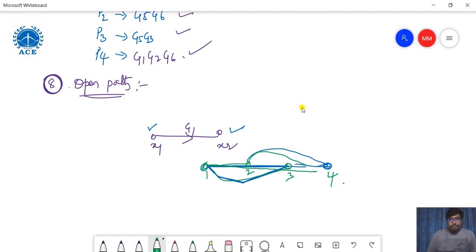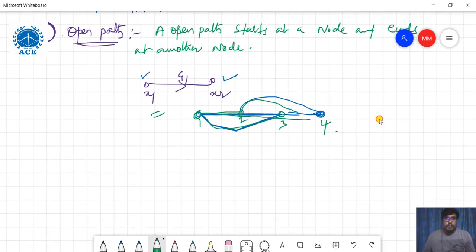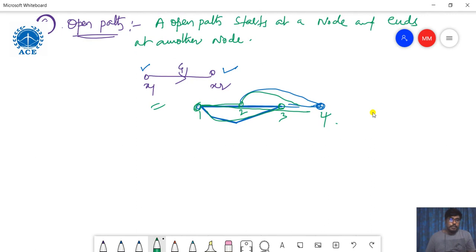I will write here: an open path starts at a node and ends at another node. This is important. Simple. Okay, so we'll see the 9th one, the closed path.